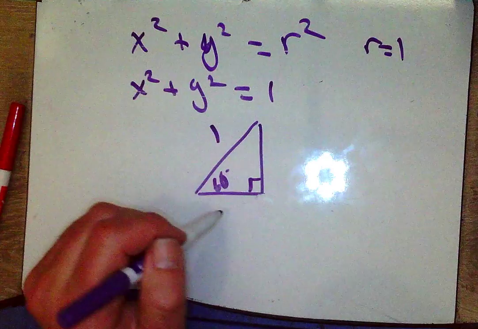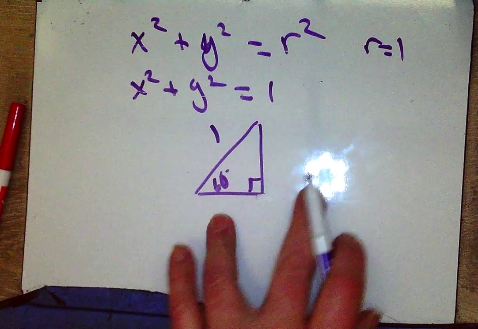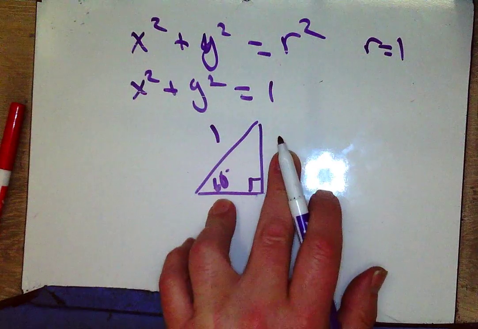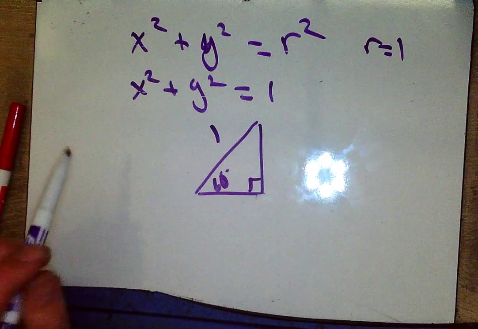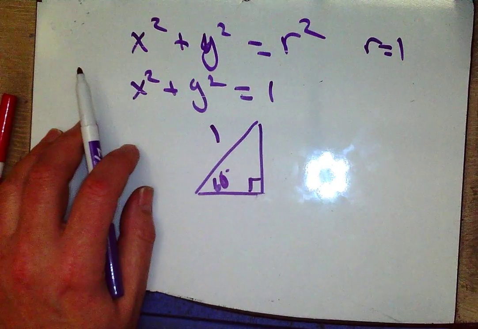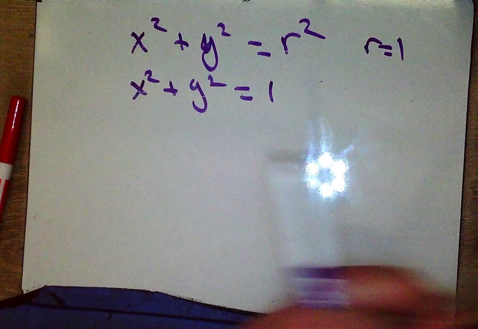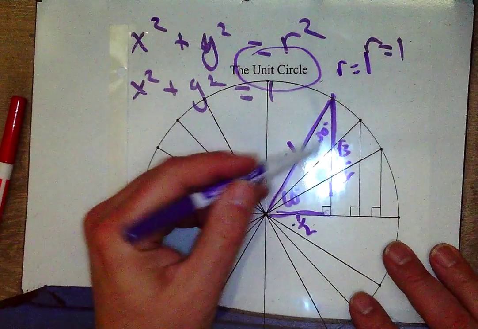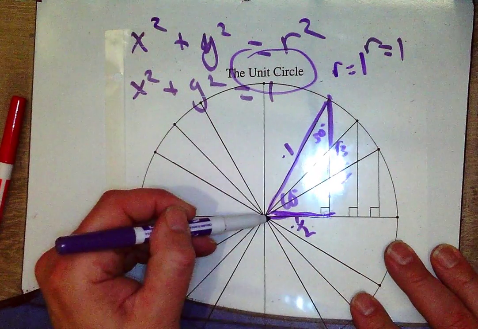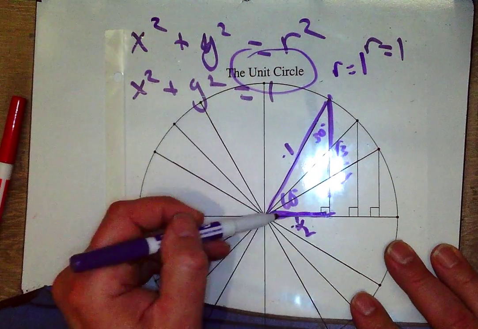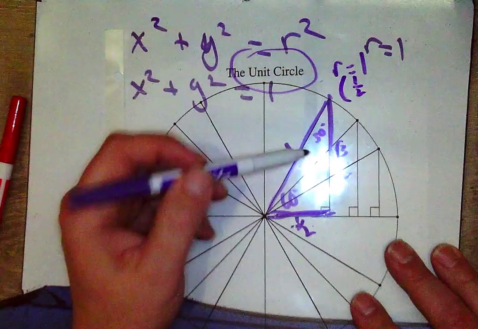Right now the only way I have to know these other sides is to use the trig functions that we're going to talk about in a few minutes, or to use those shortcuts I've memorized. Since I don't have that trig stuff on hand, and we might not remember these shortcuts, I'm just going to say that this little amount is 1/2, and that's the x value. So here, I'm going to have a 1/2.